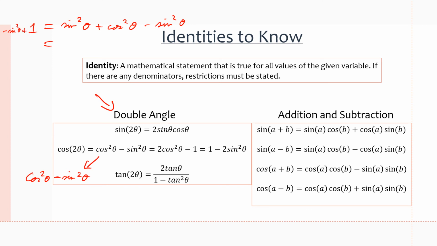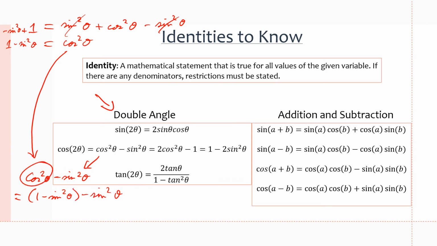Or theta, and we will actually get cos squared theta equals 1 minus sine squared theta, right? And this is our identity just rearranged. And if we substitute this into cos squared theta minus sine squared theta, we will get 1 minus sine squared theta minus sine squared theta, right?